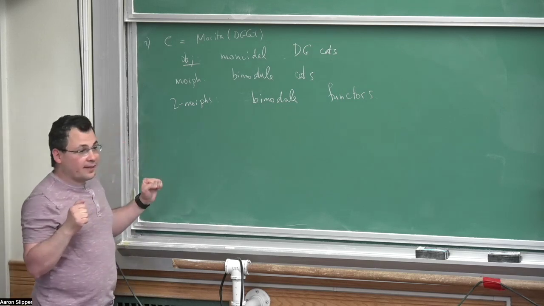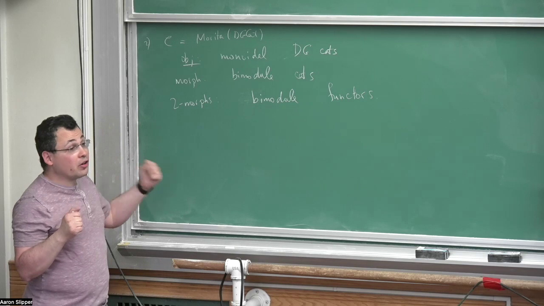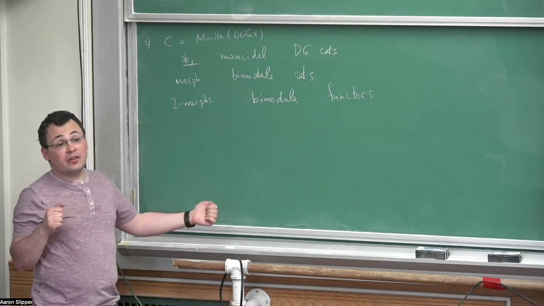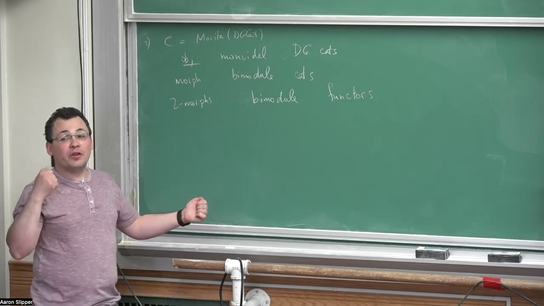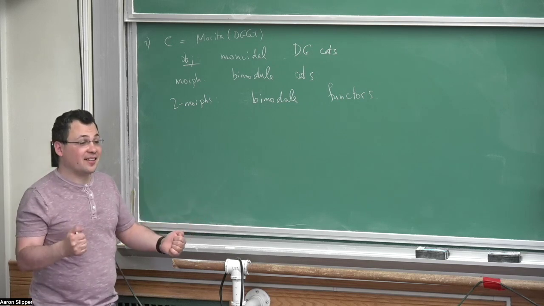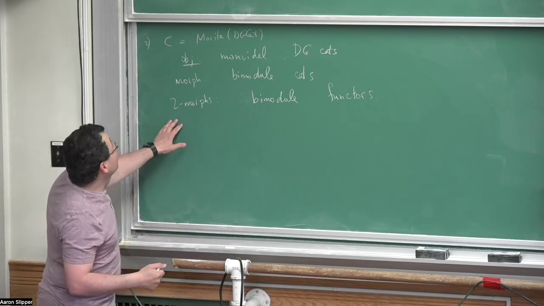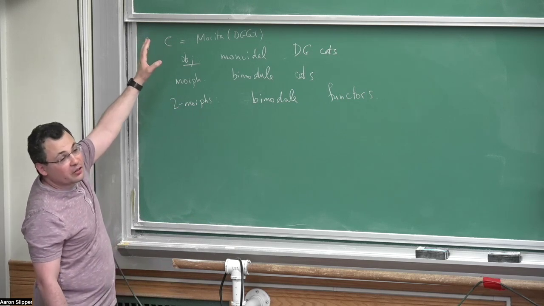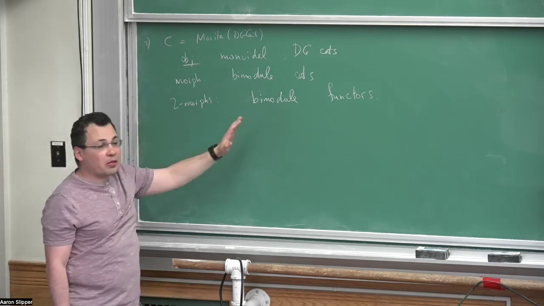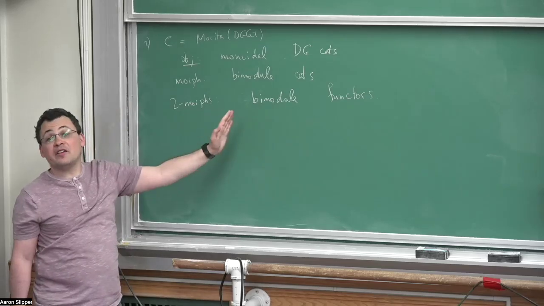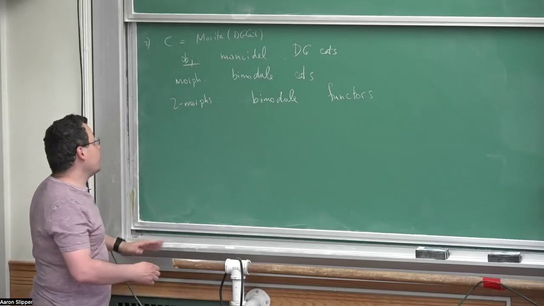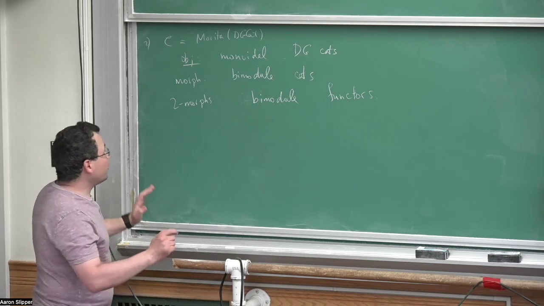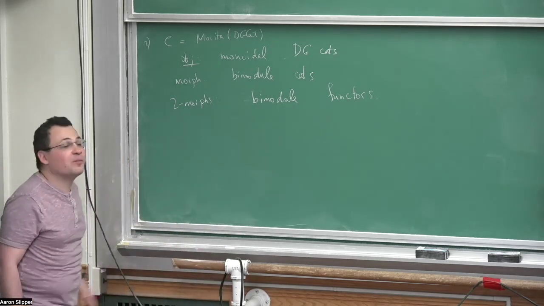So a bimodule would be another A category with an action of A tensor B with the reversed multiplication. In fact, it will be a three category, just like this was. We originally took it as a one category, but it's really a two category. But the three categorical structure of this is irrelevant. We're not going to use that. There's some other three category that's relevant, not this one.